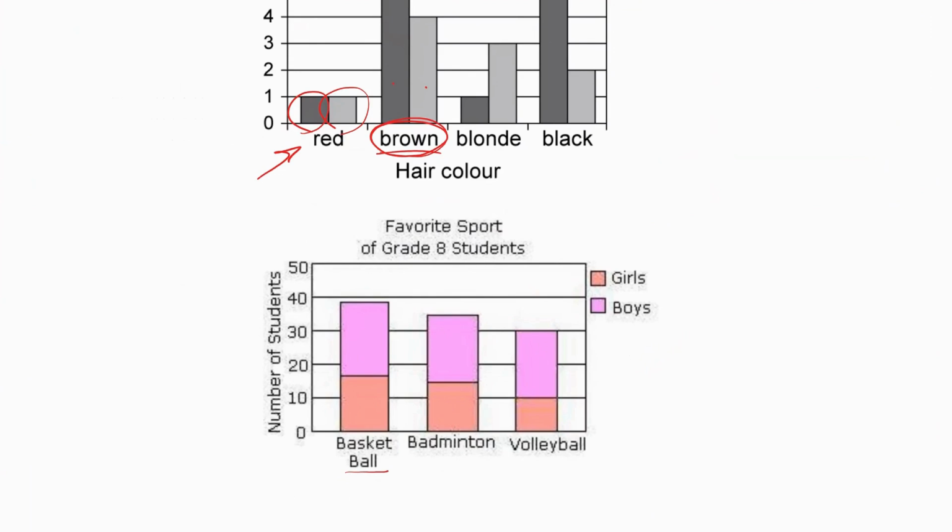And you can see that girls make up about 17 of them, because that goes to about 17 or 18, and the boys make up the rest of them, which looks to be about 20. It looks like volleyball is more popular amongst boys than it is girls because of the relative sizes of those segments in the chart.